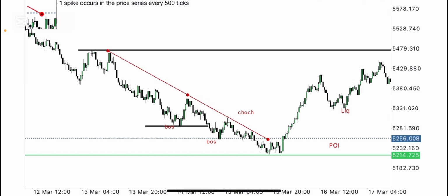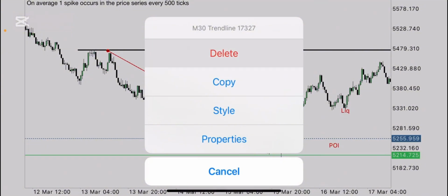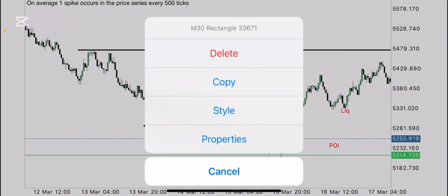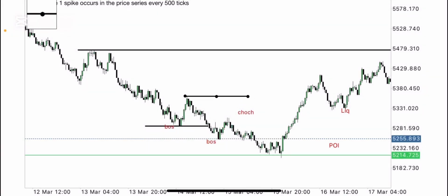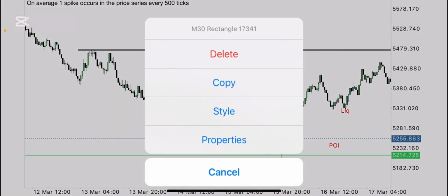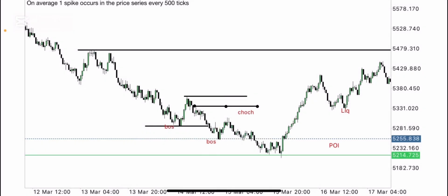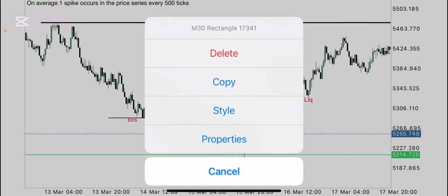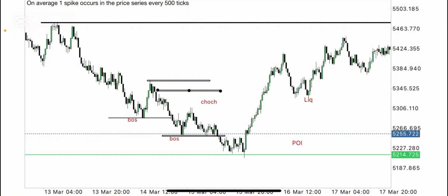Market is going down right here, so we have to mark our break of structures. After we have identified our break of structure, we can see right here that market broke this last high.